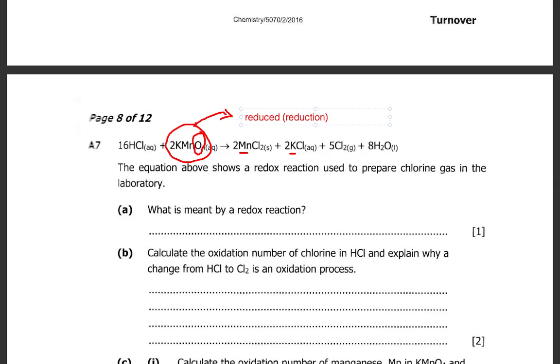Now, substances that get reduced and substances that get oxidized are only reactants. So because this potassium permanganate was reduced, we expect this other guy to get oxidized. But how is the oxidation being brought about? So this guy was oxidized, and this is what we are calling oxidation.